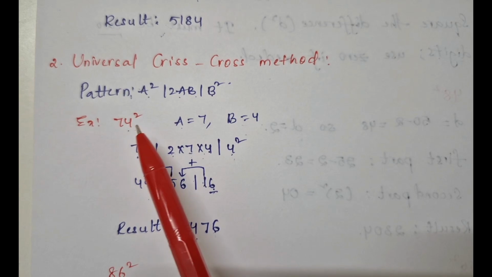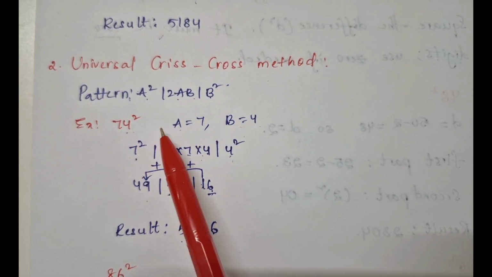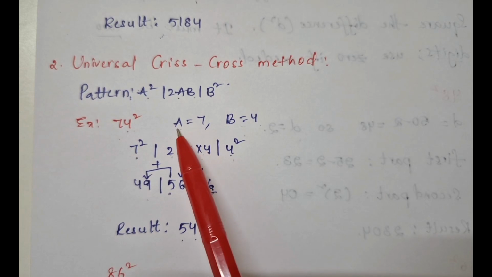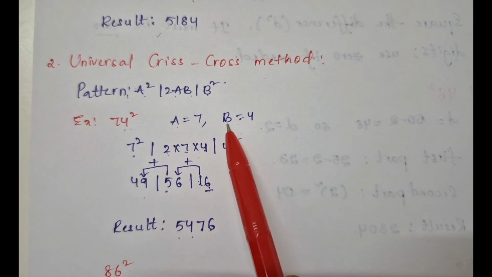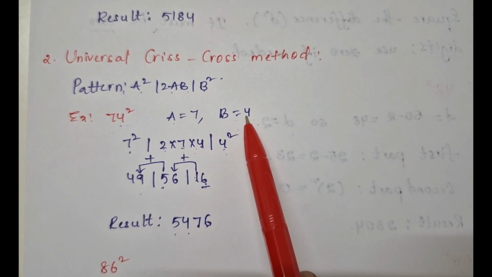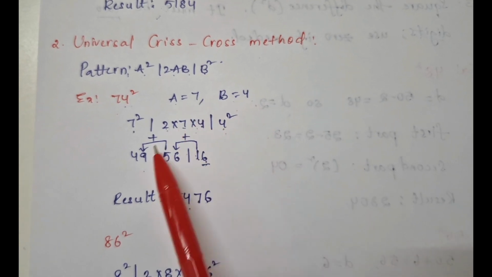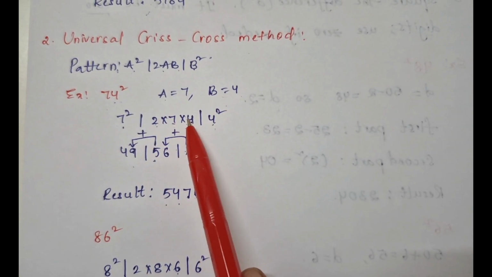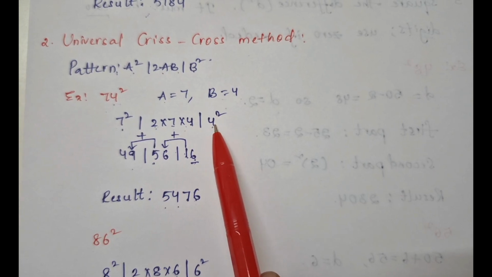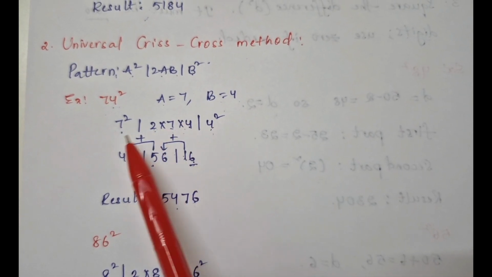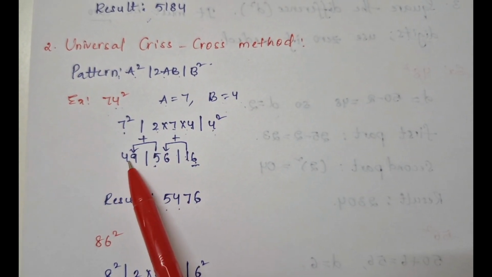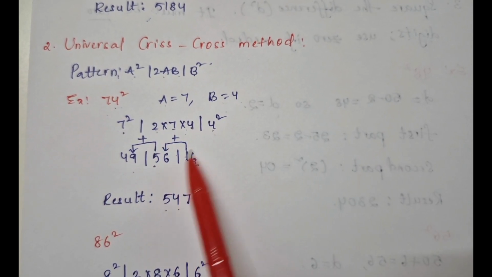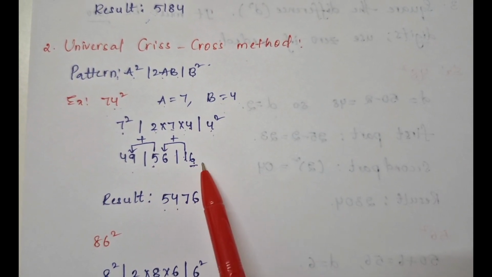74 square I am taking here. The first digit 7 I take as A, and the second digit 4 I take as B. So A square is 7 square, 2AB is 2 into 7 into 4, and B square is nothing but 4 square. Here 7 square is 49, 2 into 7 into 4 gives 56, and 4 square is 16.